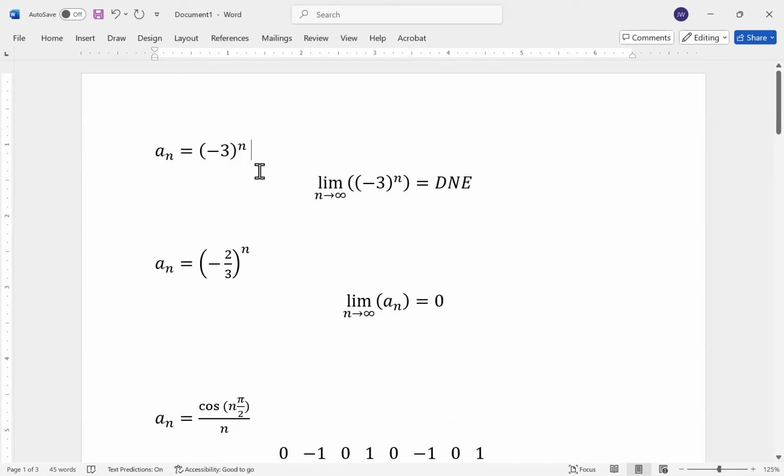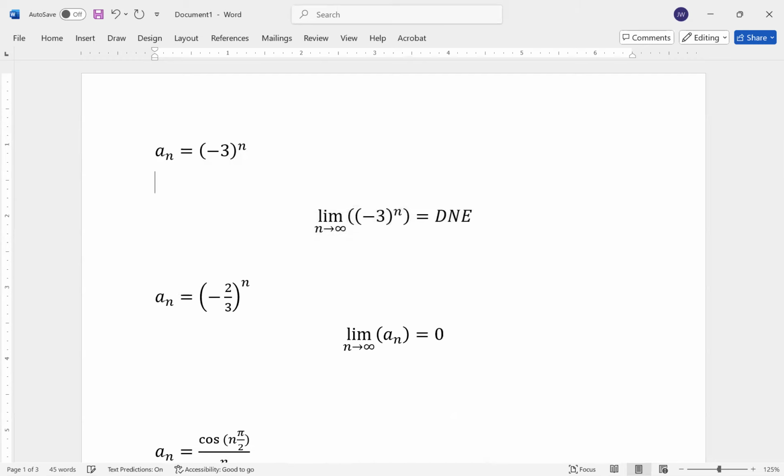So it was not bounded because it goes off towards infinity if it's positives, and if it's negatives, it goes off to negative infinity. And the limit did not exist. So in this one, we're not bounded and not monotonic.